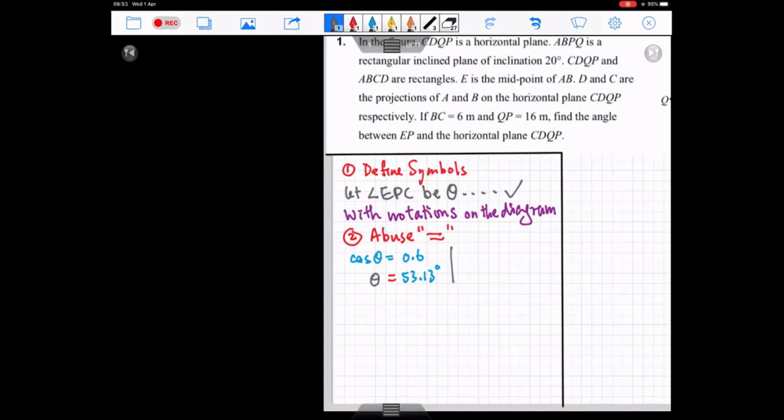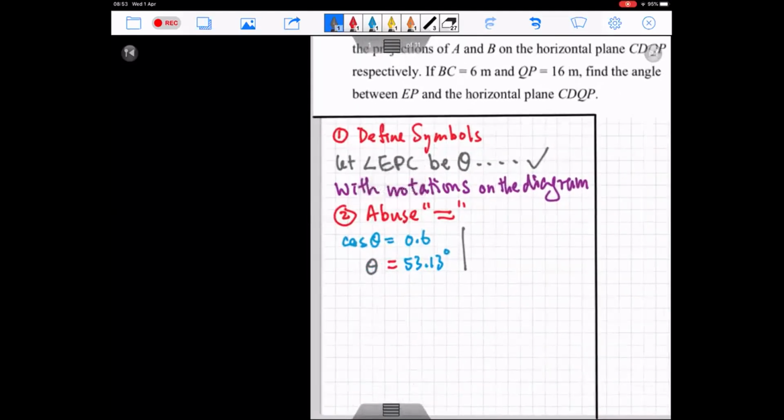All right. And similarly, when you do the cosine formula, you have AC squared is 2 squared and 3 squared minus 2 times 3 times cosine 30. All right, and that equals to 1.62. All right, something like that. Now, once again, you are abusing this equal sign.